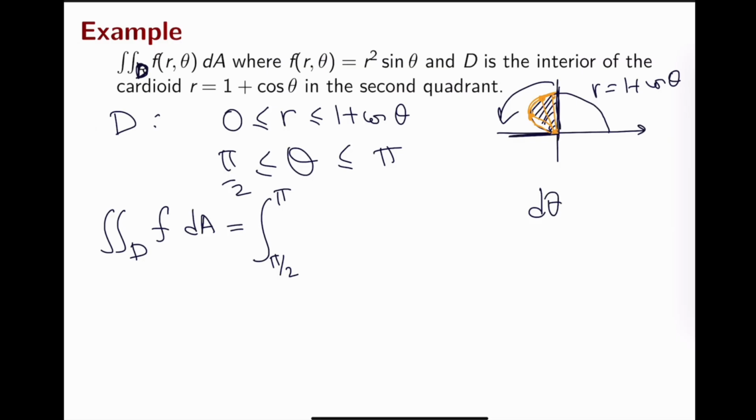And inside, we're going to put the integral from 0 to this function that is now not constant, 1 plus cosine theta. And here we are going to write down r squared sine theta, that's the function here, but then we have to put r dr here.